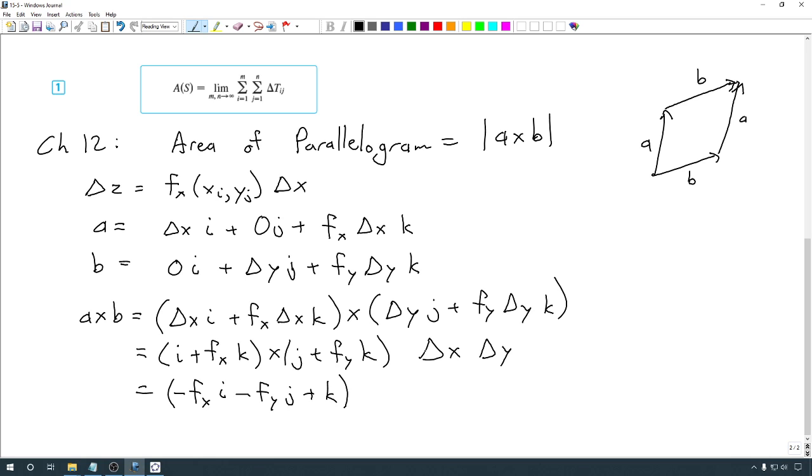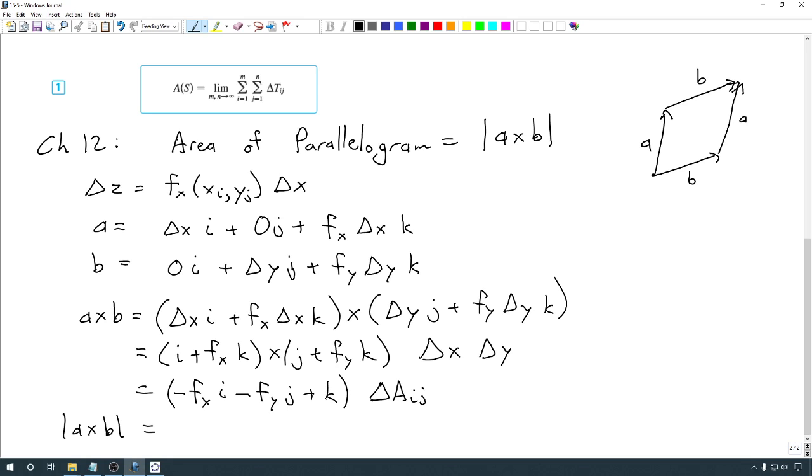Now these are the two side lengths of our rectangle. These are the side lengths of R_ij. That means we can just basically write that as delta A, or maybe delta A_ij if we want to be specific. If we take the magnitude of this thing, the delta A_ij is not a vector. It's a scalar that we can pull out. And here, this is just written in terms of i, j, and k.